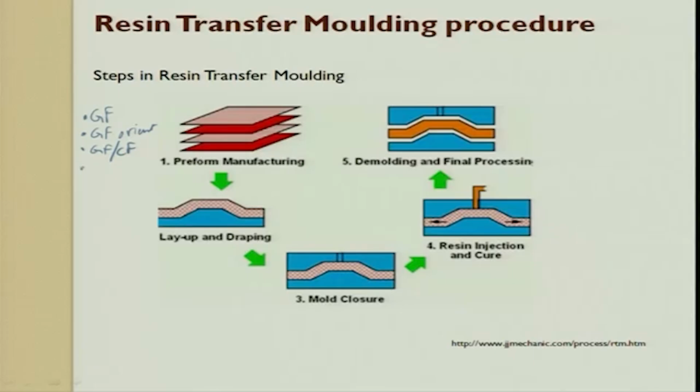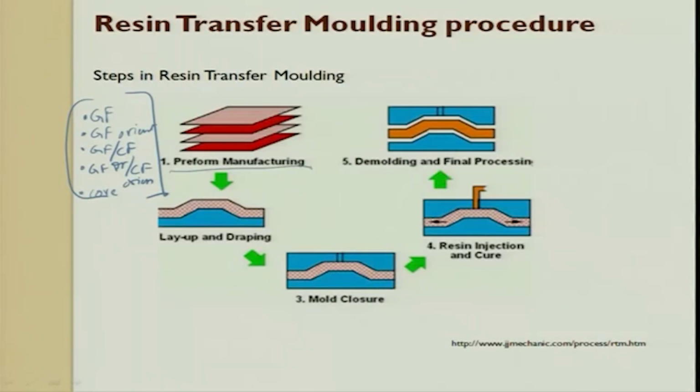I have multiple things: glass fiber orientation, then carbon fiber orientation. Depending upon the requirements, I can do so many variations in placing the preform. You can also add a core if you want, like a sandwich structure, with reduced weight but still functioning as a lightweight, high strength composite material. This is how you make a preform.